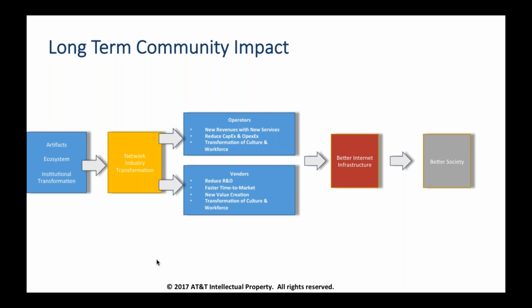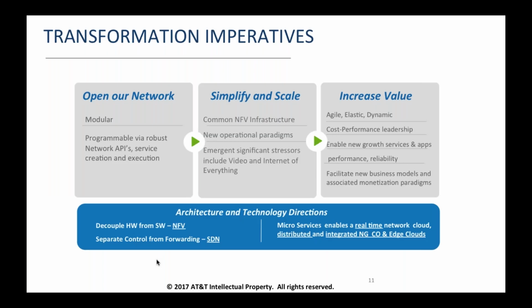The next slide is really some of the imperatives of our open: opening our network, simplifying it and scaling, and of course increasing the value. That means the architecture and technology directions that we need to choose are decoupling the hardware and software using SDN and NFV, which is really at the heart of CORD.